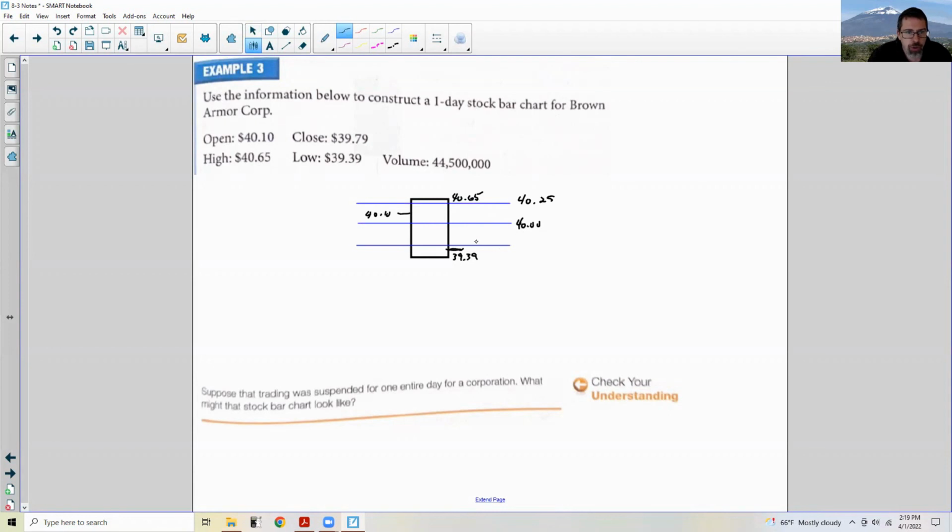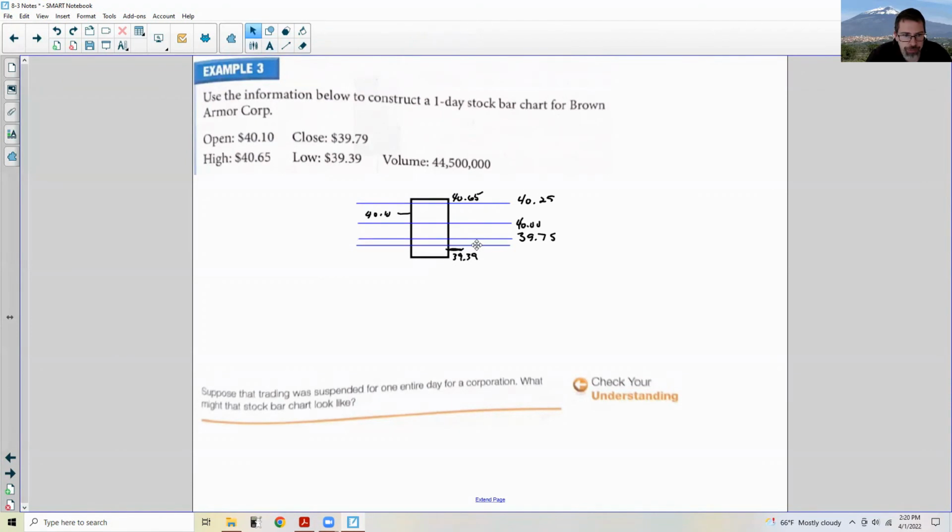Okay, this is 40.10, this is 40. And if I go in quarters, then this would be 39. I need another line. So this would be like 39.75 right here. And then another one at 39.50. And you get the idea.